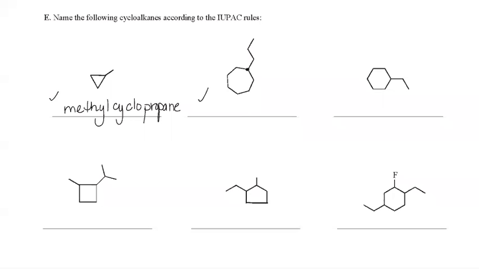Look, 1, 2, 3, 4, 5, 6, 7 carbon atoms in that cyclic system. So this is propylcycloheptane.